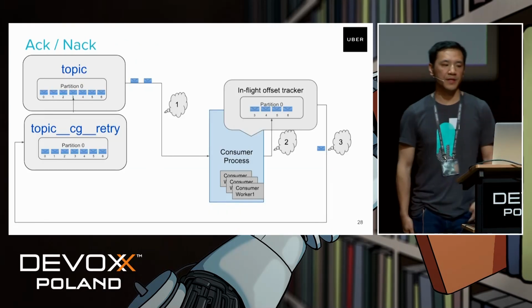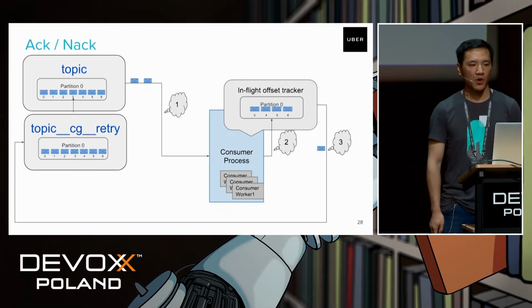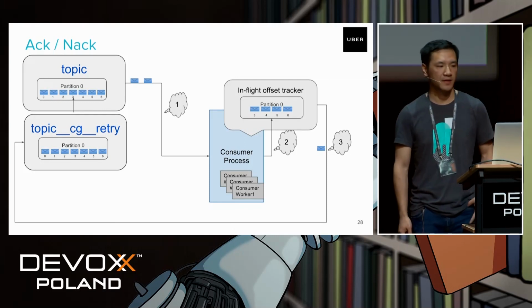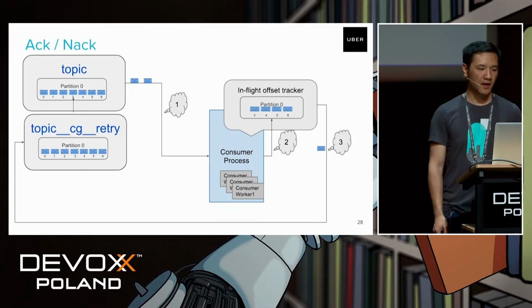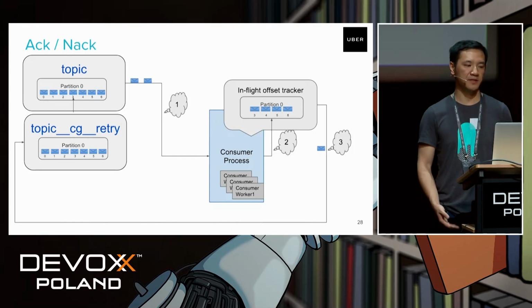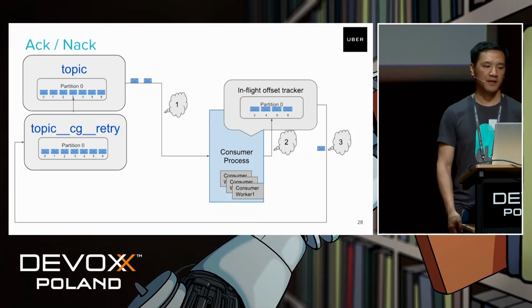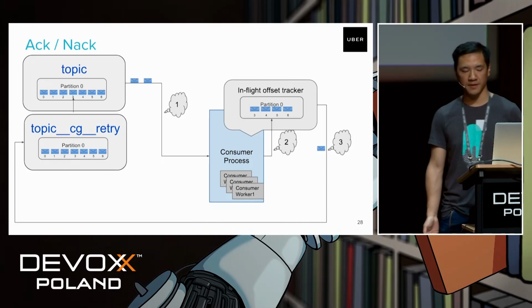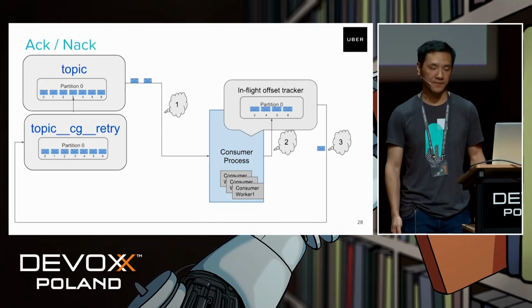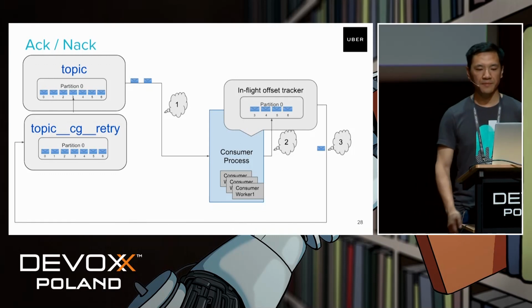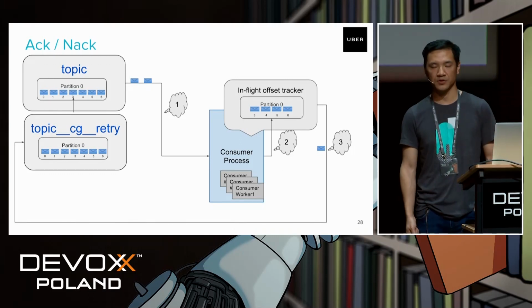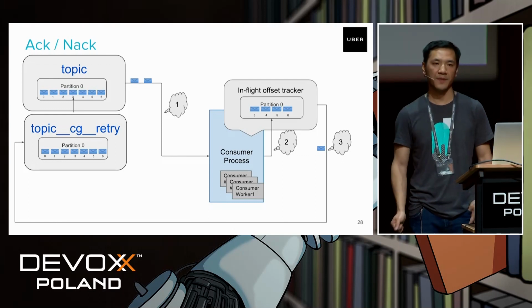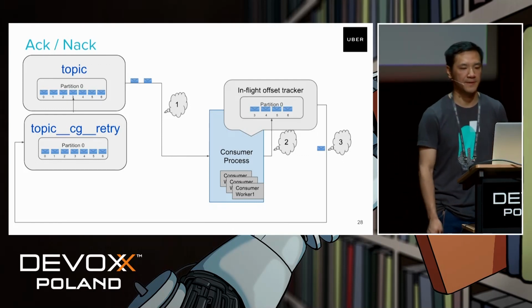So what we do in this case is we have a separate topic for this particular consumer group. And the naming convention is simply the topic name, double underscore, the consumer group name, double underscore, retry. And the nacked or timed-out messages will be produced back to this separate topic.